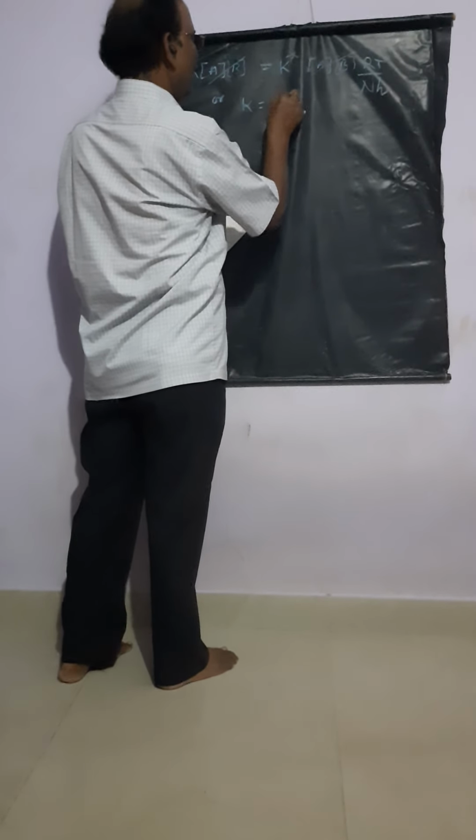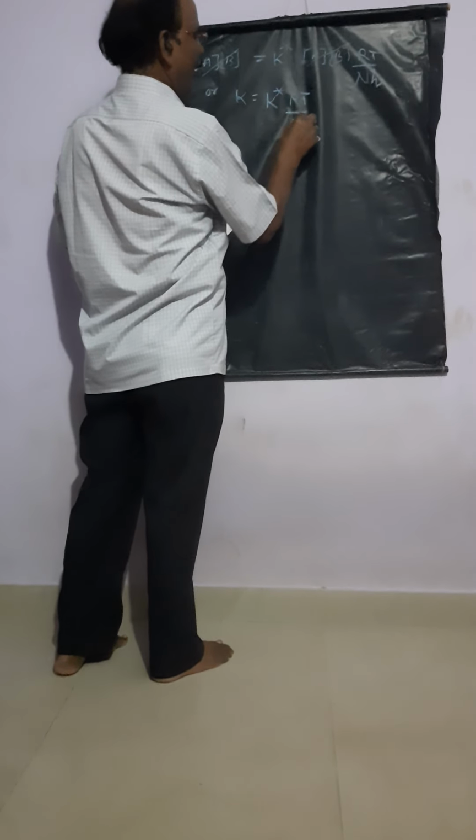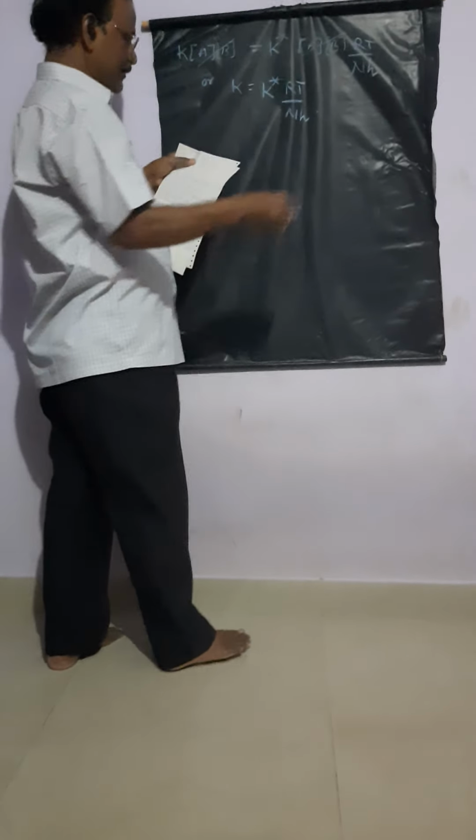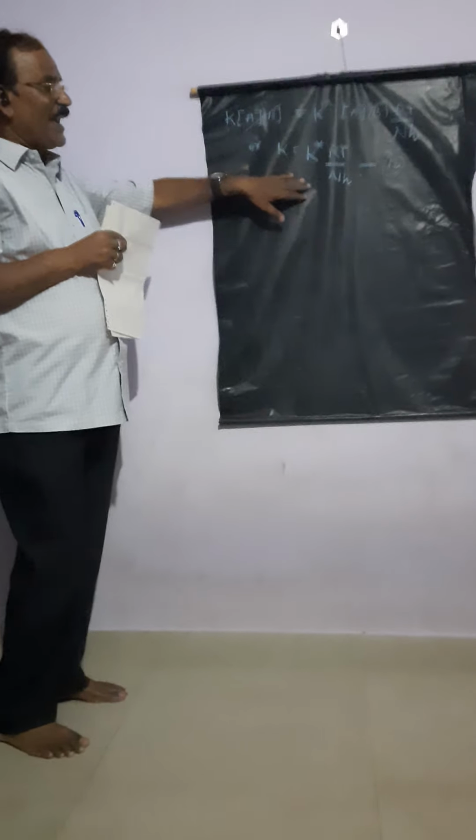K is equal to K star into RT divided by NH. Say this as equation number 10, which is the mathematical statement of transition state theory.